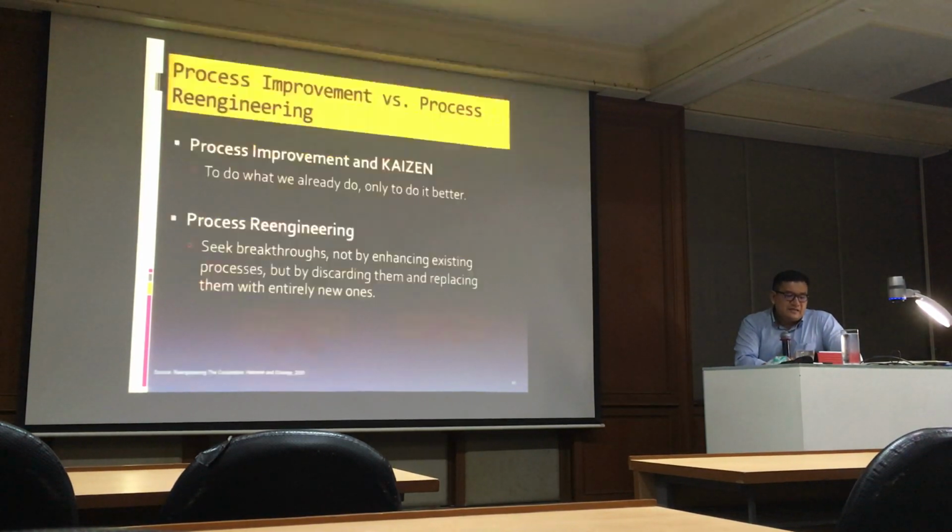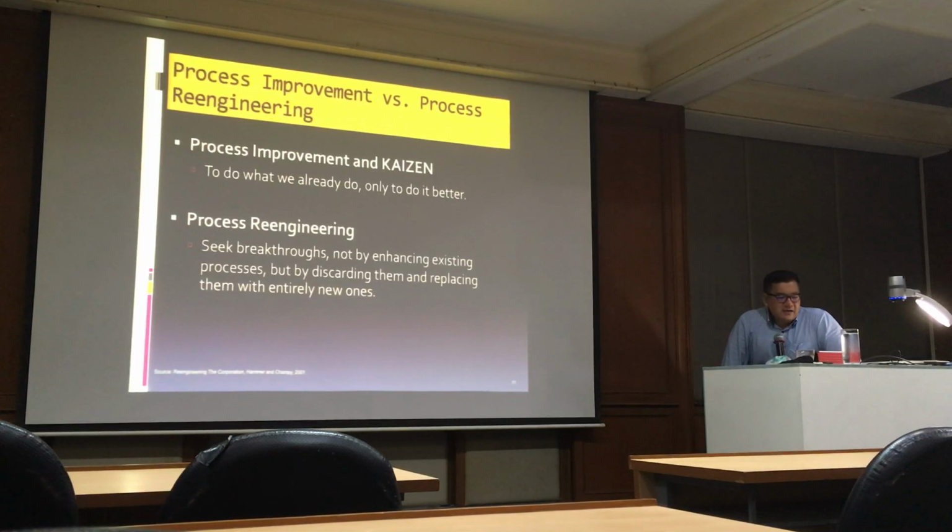So this is the definition to show process improvement versus process reengineering. You can see that for improvement or Kaizen, we try to do what we already do, only to do it better. But for reengineering, we seek breakthrough things, right?